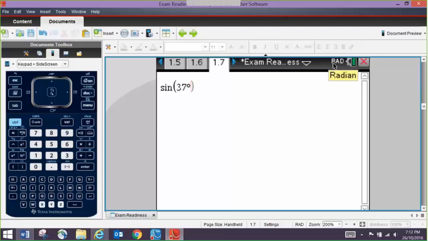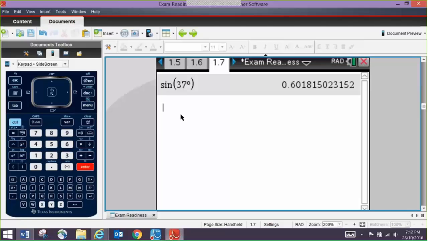But the beautiful thing is, it's now going to say, oh, you're in radian mode, but I see you want to work in degrees. Well, I'll help you out and do that for you. So it can do the calculations if we tell it that we need to use the degree mode. So that's a really handy thing rather than having to change the angle setting every time the students are doing questions.